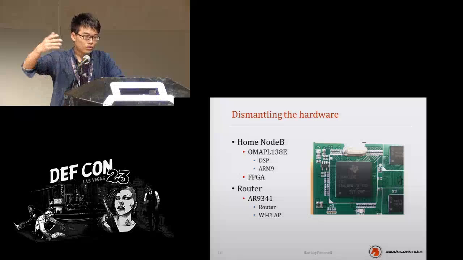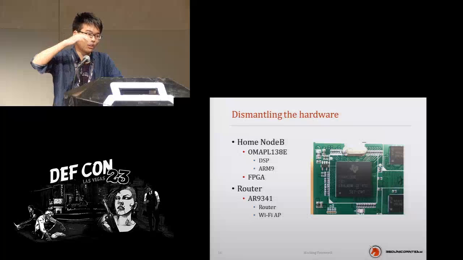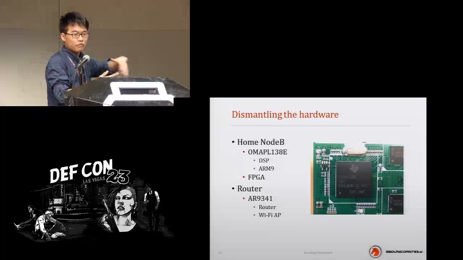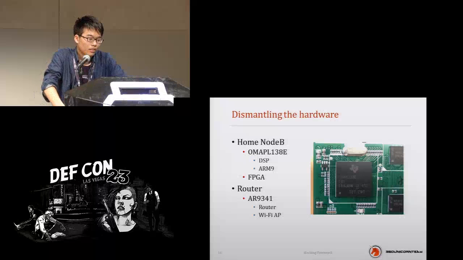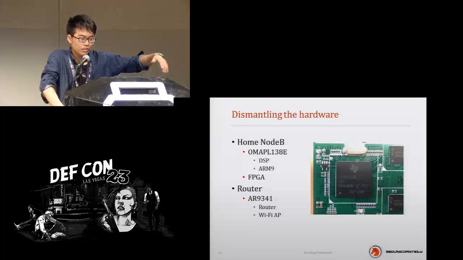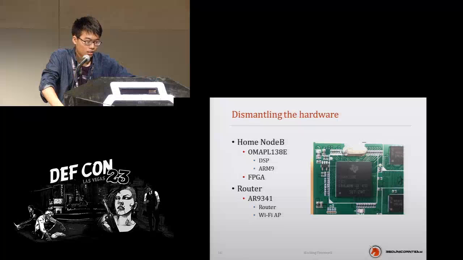We disassemble this hardware and see what chips are in here, and try to modify it and dump the firmware for analysis. These are the two parts, the home node B and the router. The home node B is, of course, an OMAP chip, and it contains the DSP, the ARM9, and of course an FPGA.